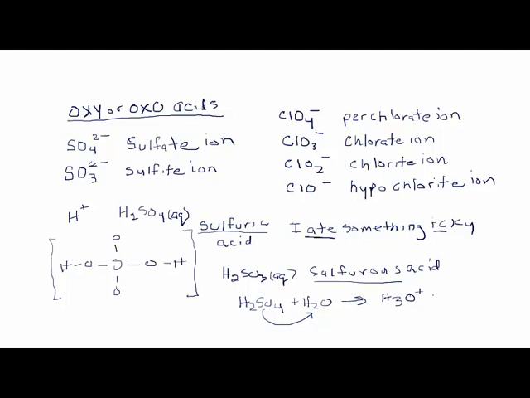And then what's left over is what we call the conjugate base. That's the substance left that has lost a hydrogen ion. Notice the arrow here goes only one way, because sulfuric acid is a strong acid, 100% of the sulfuric acid is converted to hydronium ion and hydrogen sulfate ion.